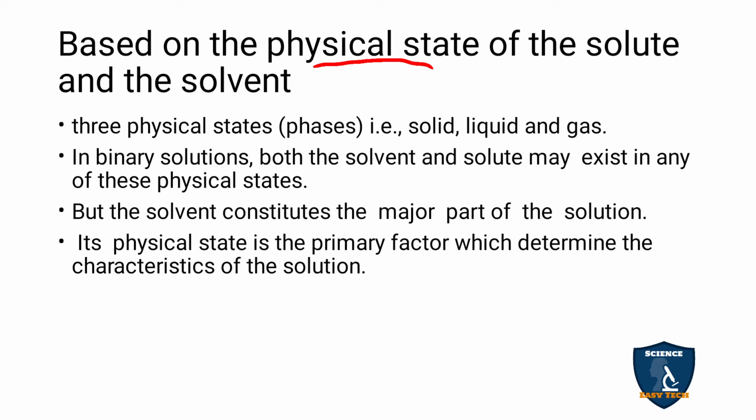We all know a binary solution contains two substances: one is the solute and the other is the solvent. This binary solution can exist in these states, that is liquid, solid and gas. The solvent constitutes the major part of the solution.